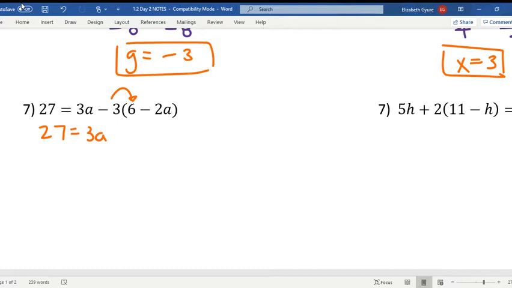And we have one negative and one positive, so that's going to be negative 18. Good. And then negative 3 times negative 2a. Aiden, what do you think we're going to get for that? What's a negative times a negative? Positive. Good. Yeah, a negative times a negative is a positive.